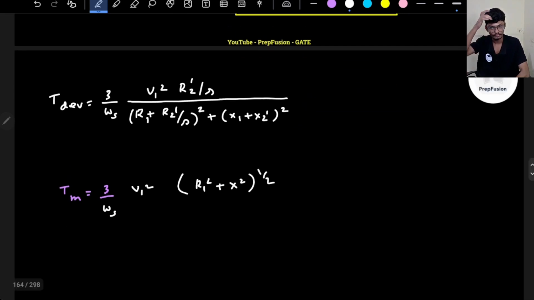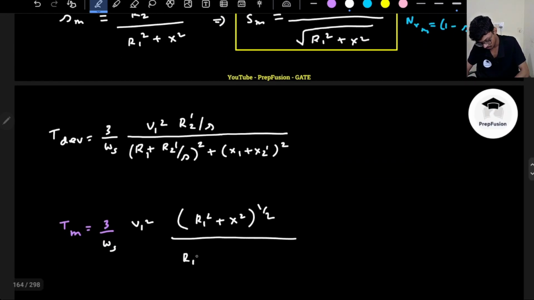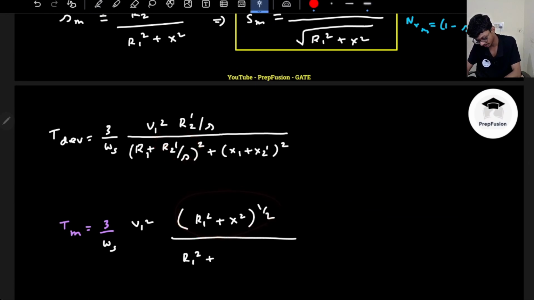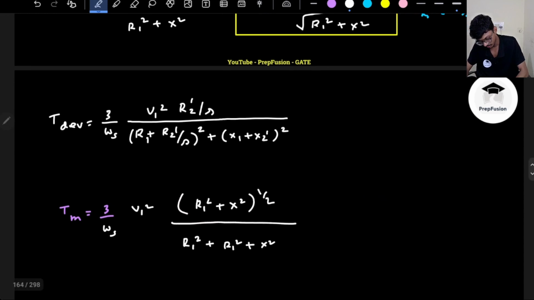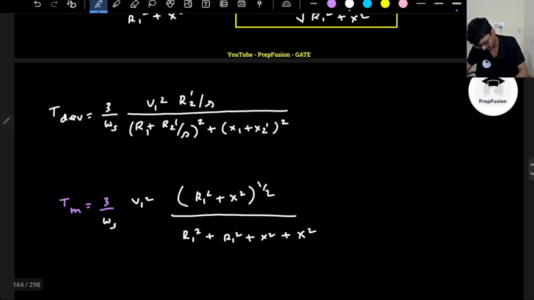Okay, what about the other portion? What about the denominator? So denominator, this will be r1 whole square plus r2 dash divided by s whole square, which is this whole square, right? It is simply equals to r1 whole square plus x square, plus this is also x square, correct? So what do I get over here?